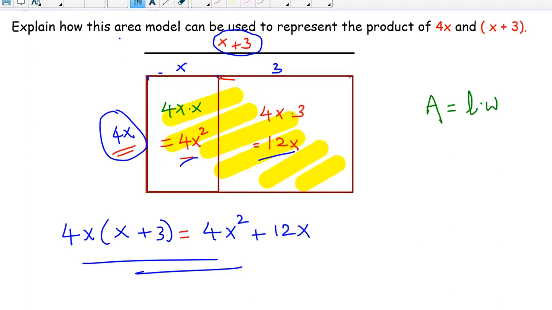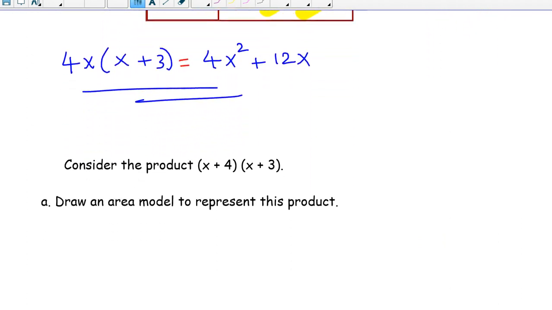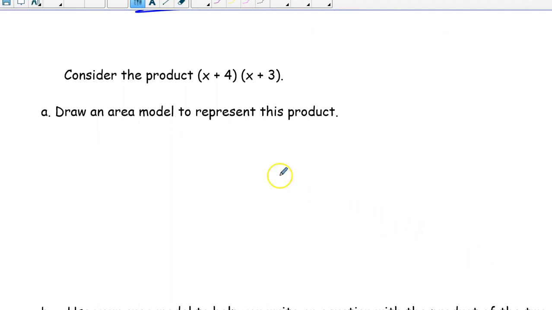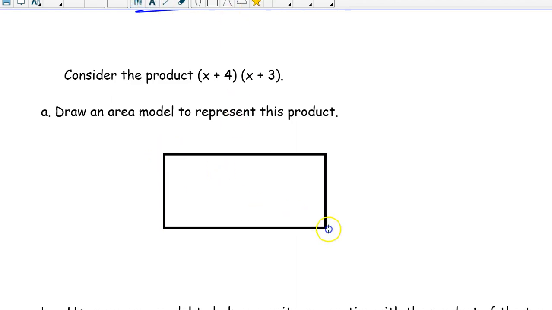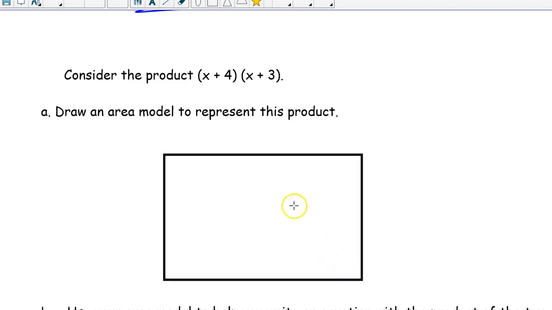And if you have two terms, x plus 4 times x plus 3, and you are asked to draw an area model to represent this product, let us draw. Right, we have one rectangle, and let me draw a line separating this and another horizontal line.